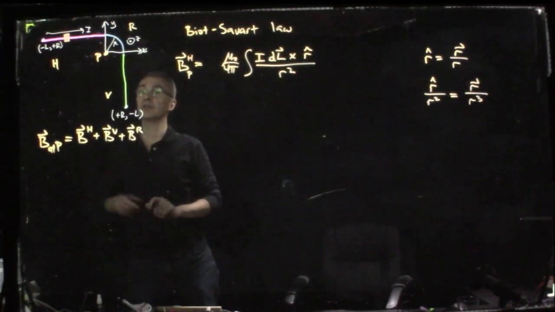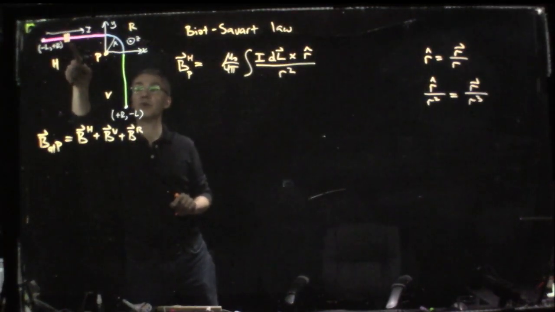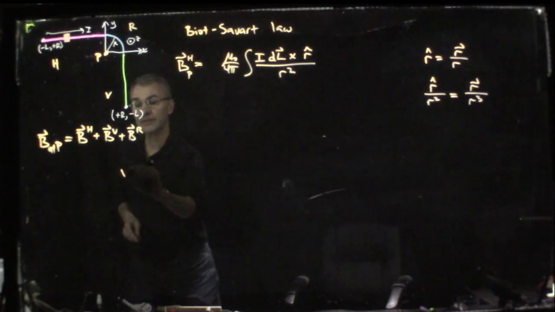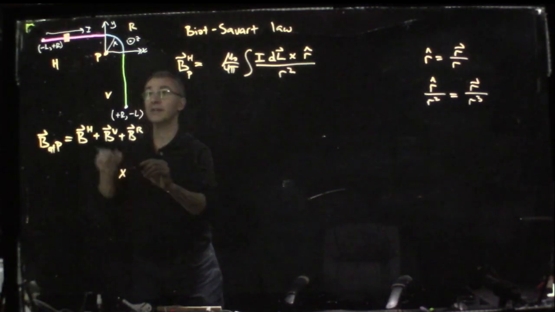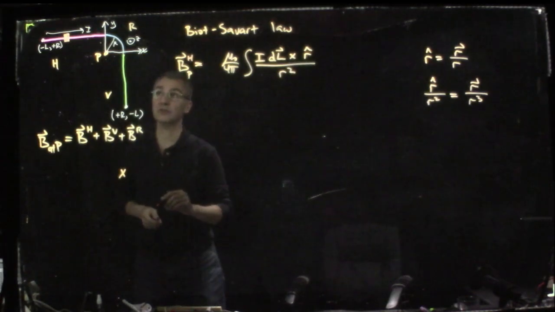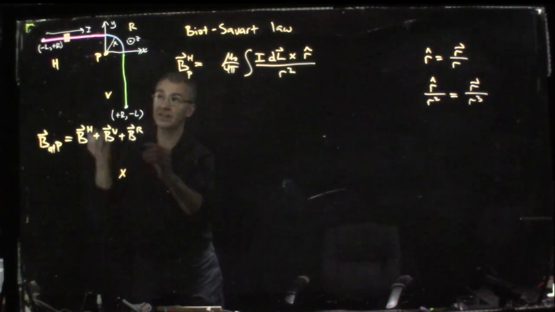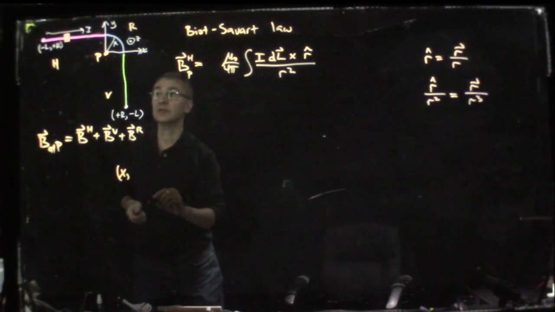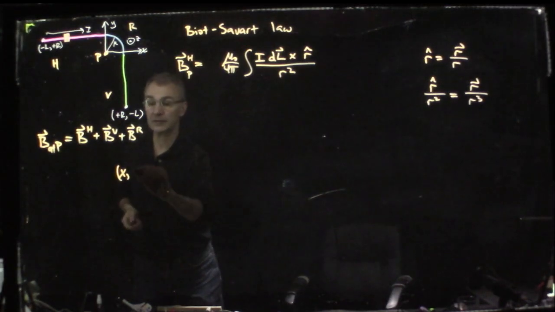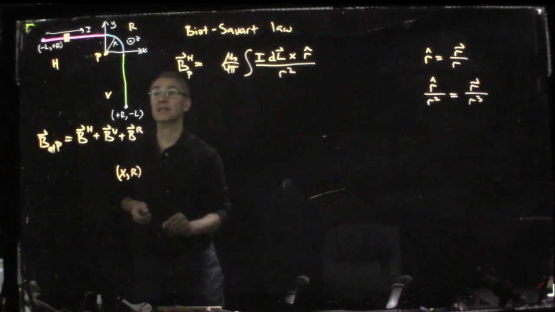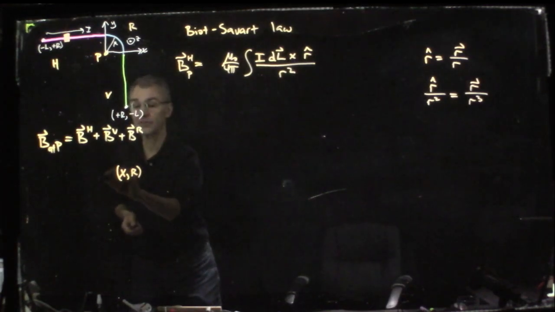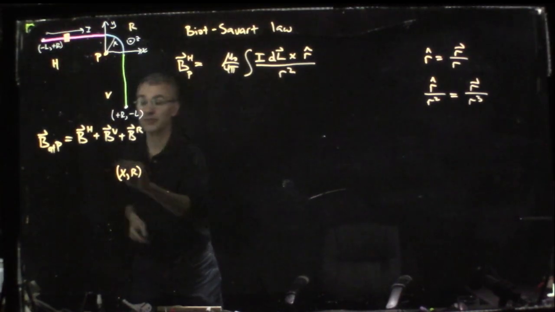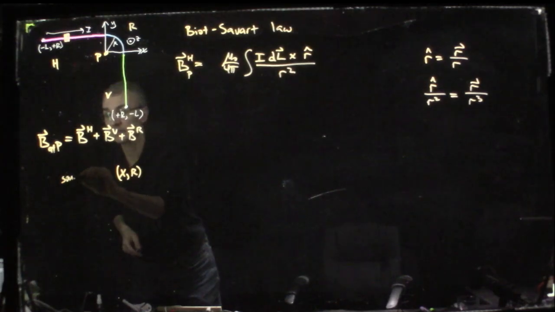And the coordinates of this little point along the path is x, although x is less than 0. So I could say x equals x, here's x. And then we have y equals R. This little point is the source of the field, so it's kind of like the source point.